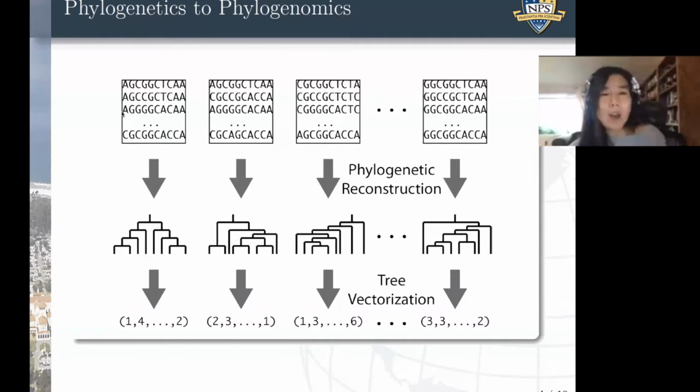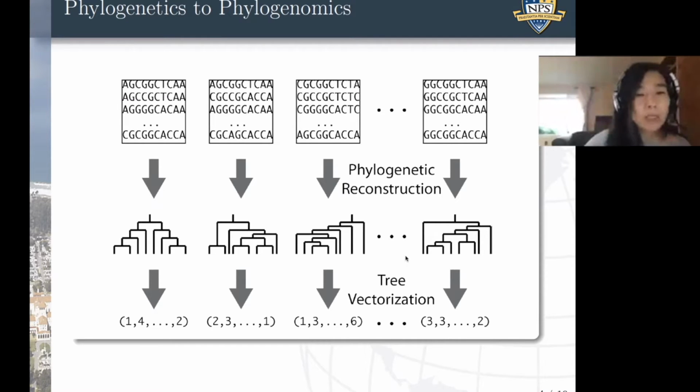In a genome, you can find tons of genes, and for each gene we have a sequence, DNA or RNA, which I assume is aligned in this talk. From each sequence we have tree reconstruction, and in this step I assume that we have good estimates of gene trees, the phylogenetic trees reconstructed from each gene.